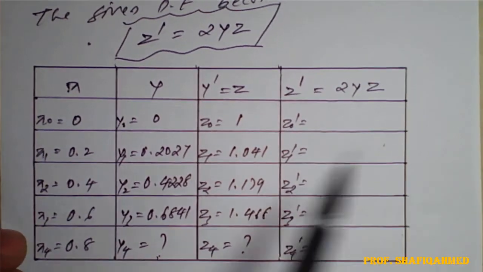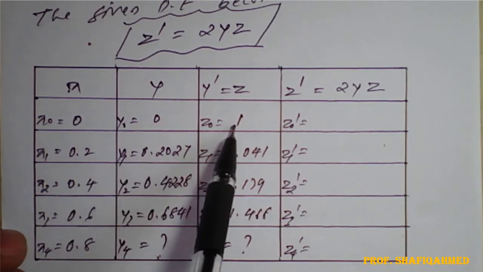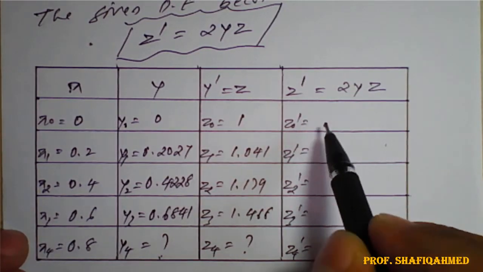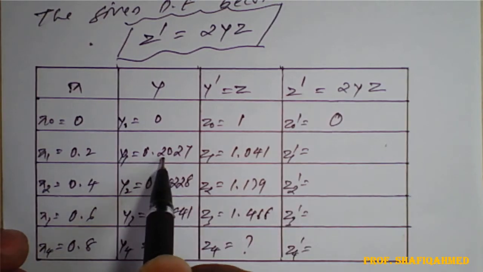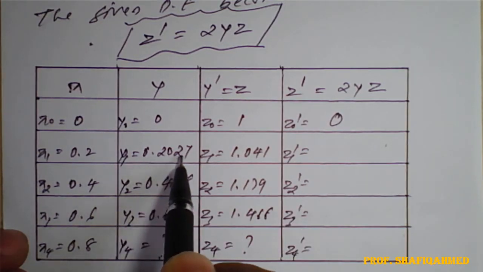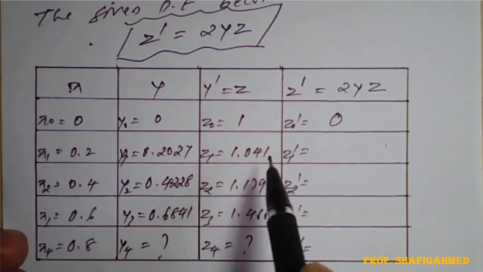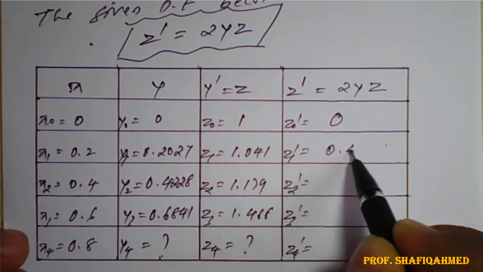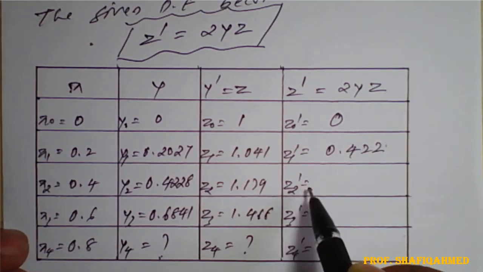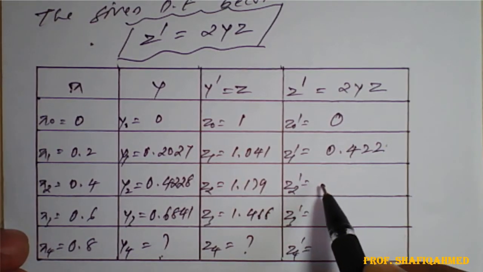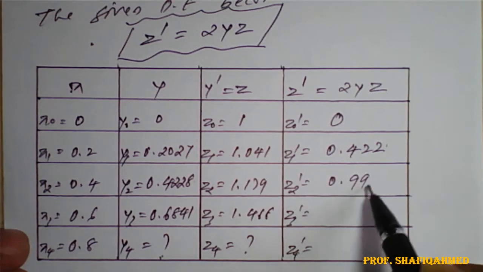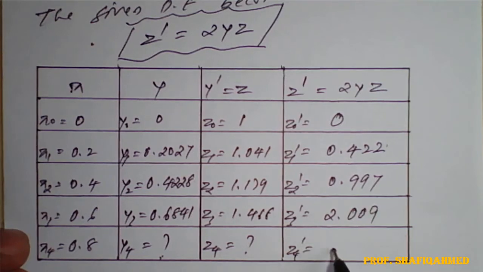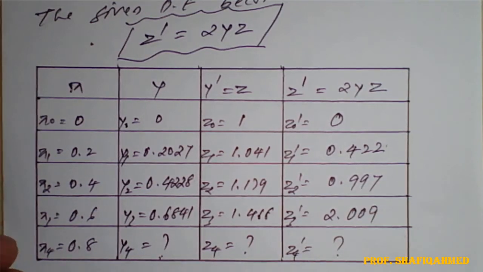When x is 0, y is 0, so the entire value becomes 0. When x is 0.2, y is 0.2027 and z is 1.041, so z1 dash becomes 0.422. Similarly, z2 dash becomes 0.997, z3 dash becomes 2.009, and z4 dash we need to calculate.